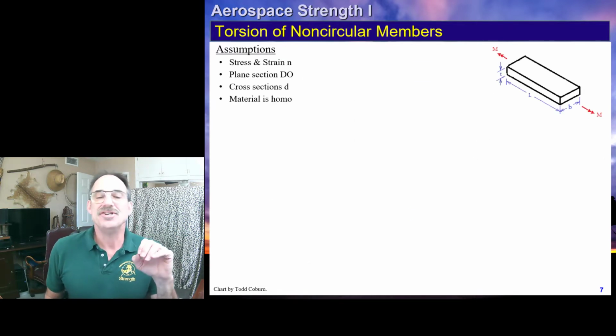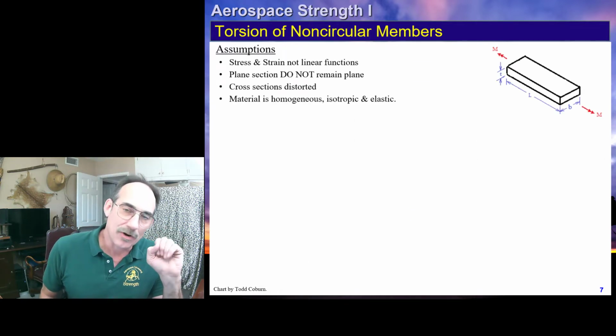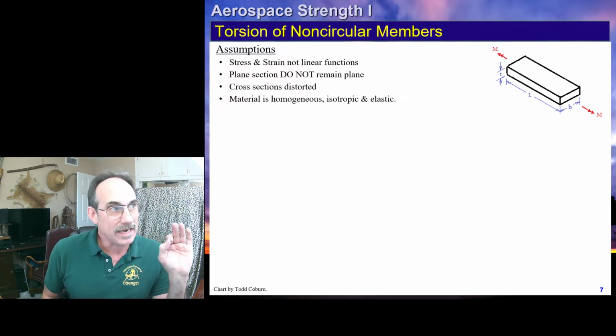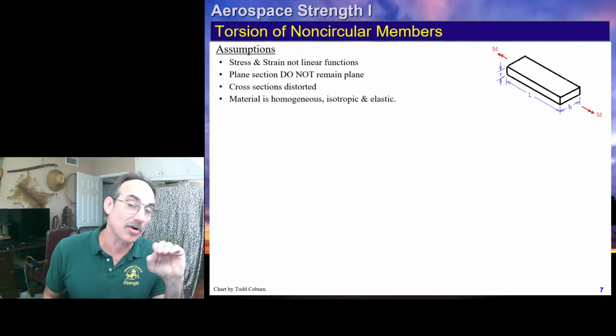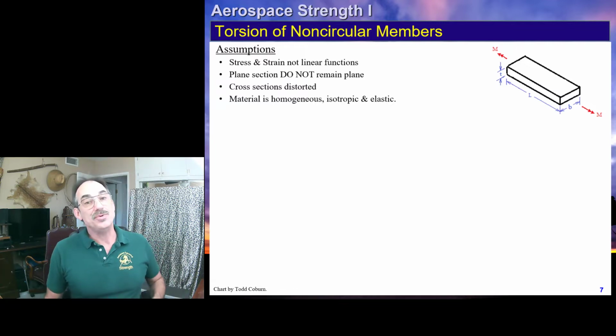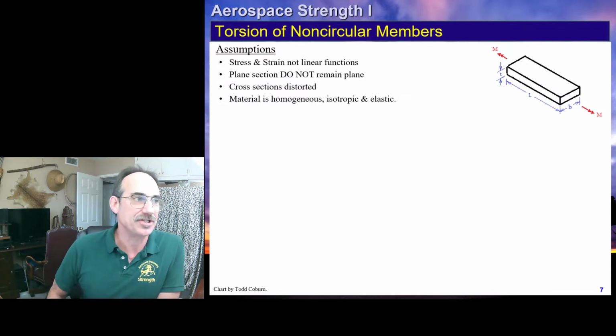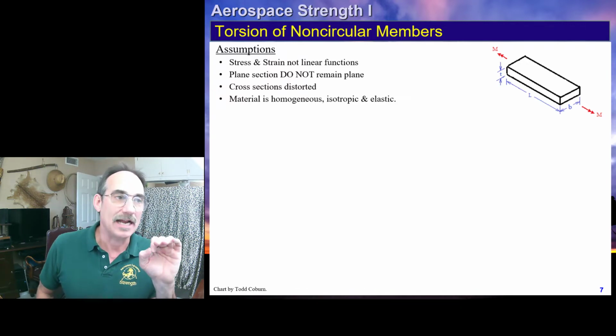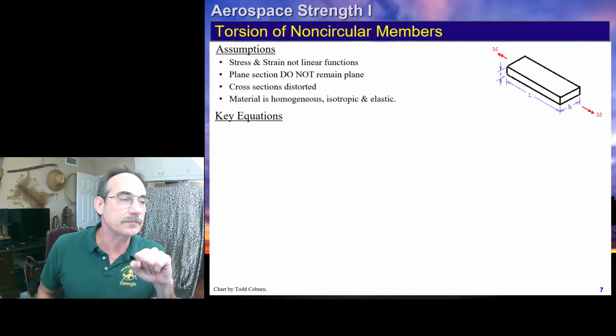So let's just imagine a thin bar experiencing a moment or a torque. We already pointed out that our stress and strain are no longer linear functions. Our plane sections do not remain plane, and cross sections get distorted even if our material is homogeneous, isotropic, and elastic.